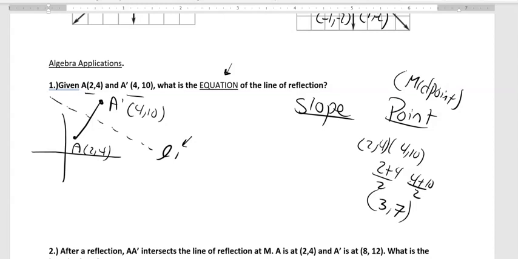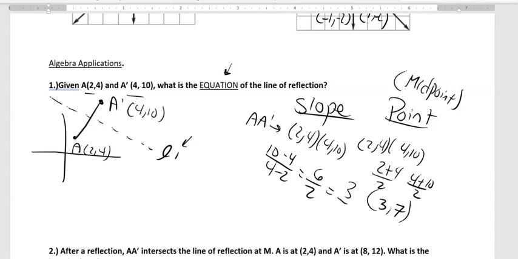Great. We can find the slope of AA prime and do the opposite reciprocal. So let's figure out what the slope of AA prime is. Well, it is y2 minus y1 all over x2 minus x1. 6 over 2, 3 over 1.